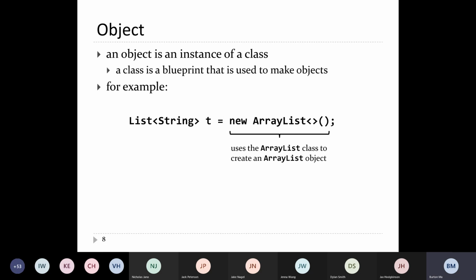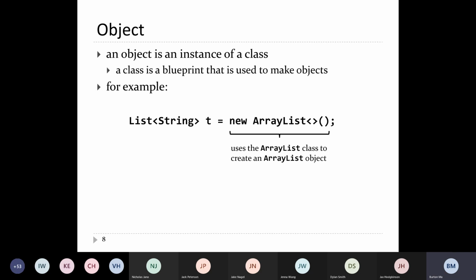To make an object, you need a class. To make an int, you need to know that the Java language provides a primitive type called int. To make a string object, you need to know that there's a class called String. It's the class that's used as a blueprint to make objects.